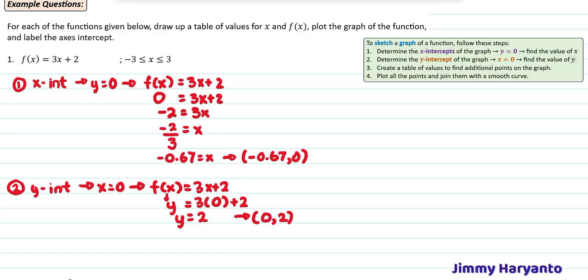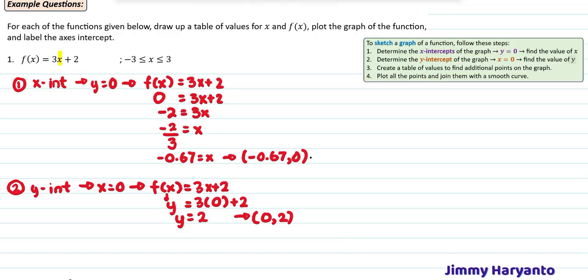Okay, so as you can see, we have x to the power of 1 for the highest degree. That means our curve or our graph later will be a straight line. For a straight line, we don't need any other points.